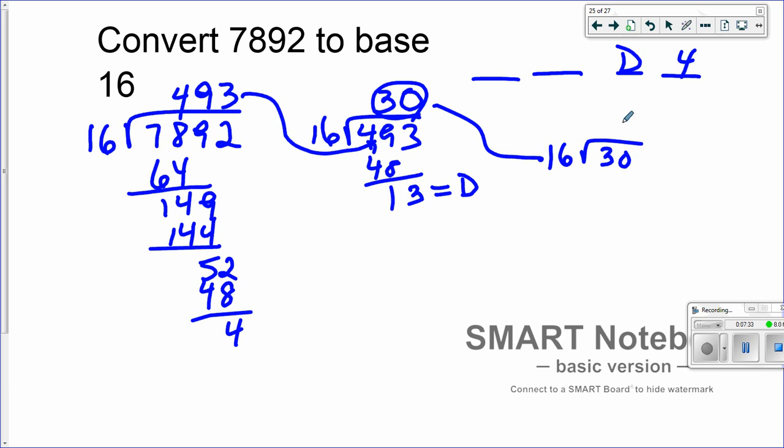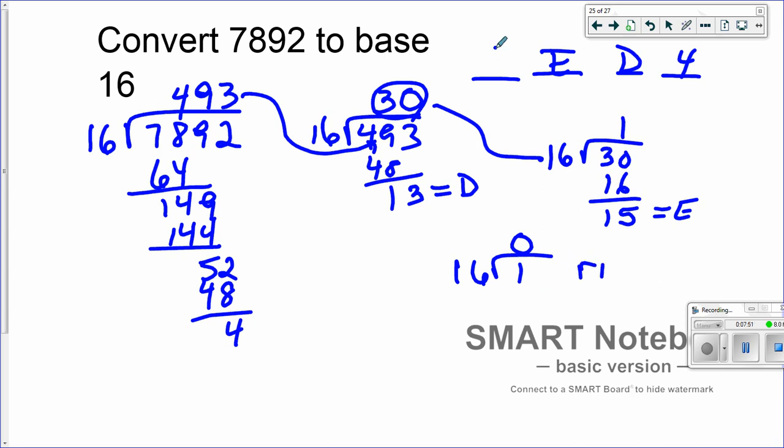So 16 into 30 goes once with a remainder of 15, and 15 is equal to E, so E goes here. Final problem, 16 goes into 1 0 times, always going to get 0, right, with a remainder of 1. So that 1 goes here, so my answer would have been 1ED4 base 16.